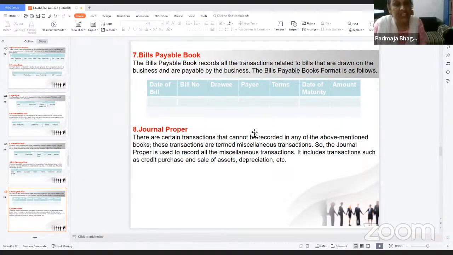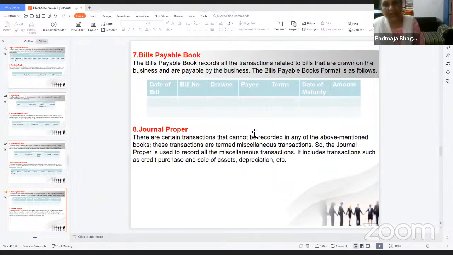The next is the journal proper. These are certain transactions that cannot be recorded in any of the above-mentioned books, meaning miscellaneous transactions. You cannot maintain them in the bills receivable or bills payable book, or in the sales book, purchase book, or cash book.